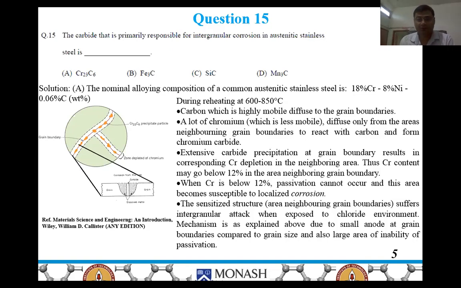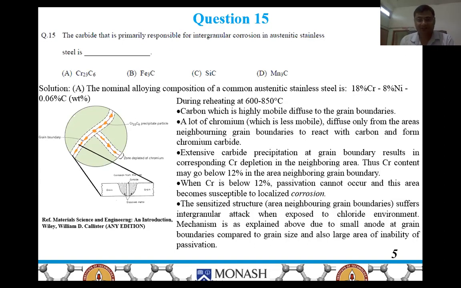When chromium is below 12%, passivation cannot occur and this area becomes susceptible to localized corrosion. It is also called sensitization of austenitic stainless steel.